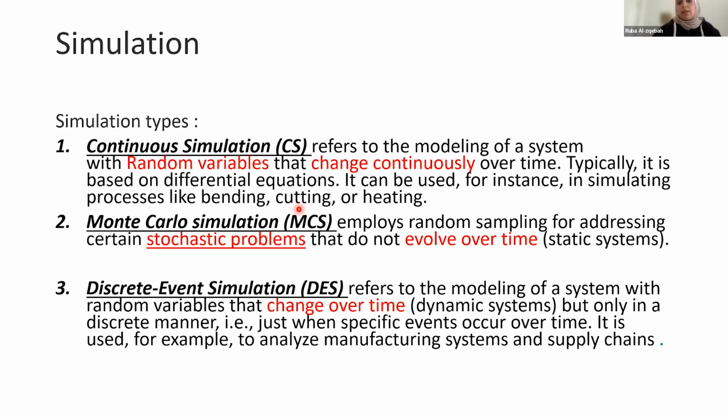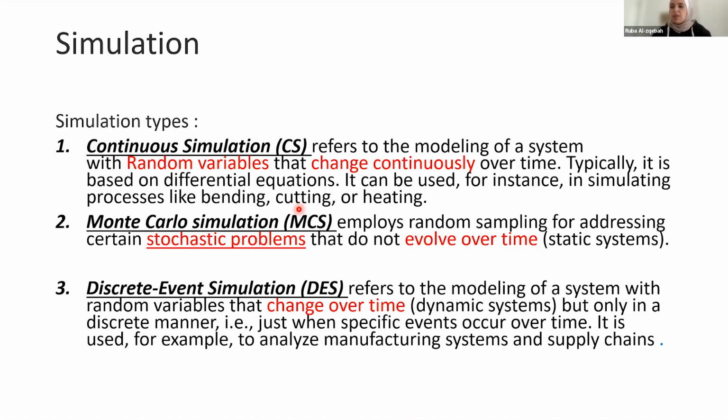It could be bending, cutting, or heating, with the status changing continuously over time. Monte Carlo simulation employs random sampling to address certain stochastic problems that do not evolve over time, so it's more for static systems.